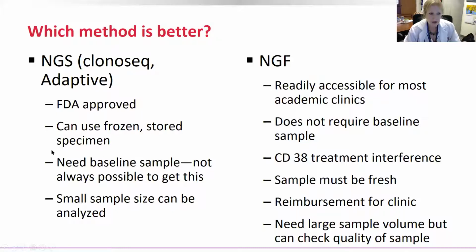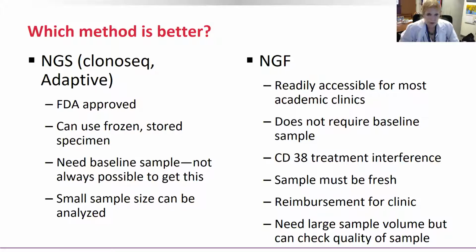Now, one thing that people don't realize is that for this methodology to be used, you need a comparison. Basically, you need a sample from a time when you had a lot of myeloma around. And most of the time with NGS testing, this means you need to find a sample from when you were initially diagnosed.